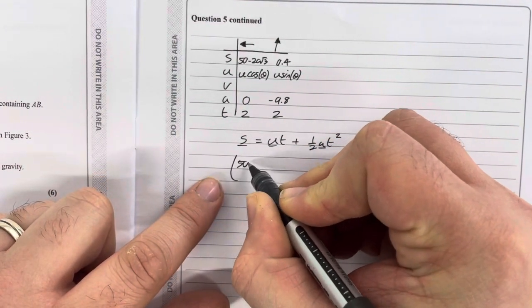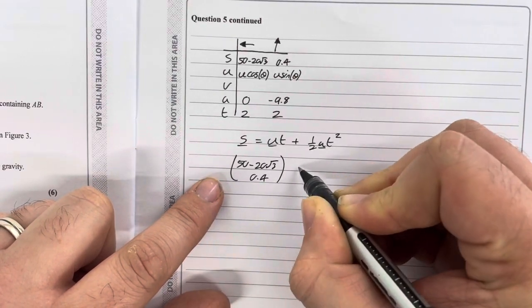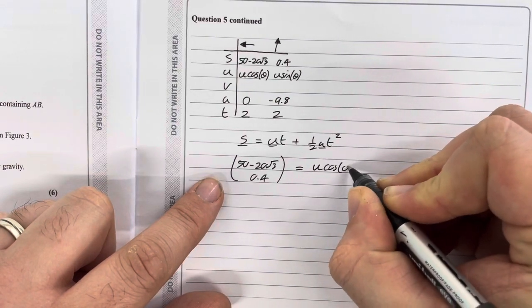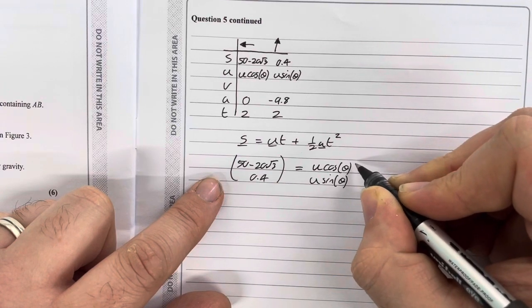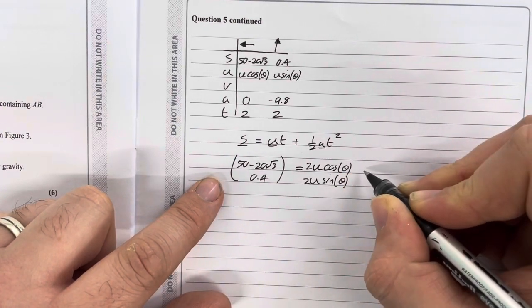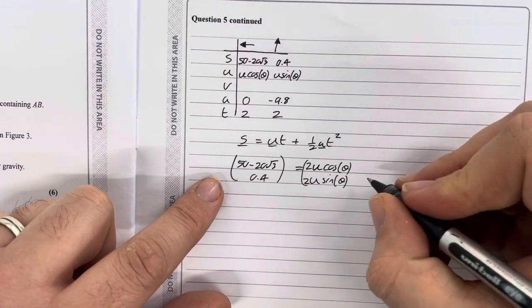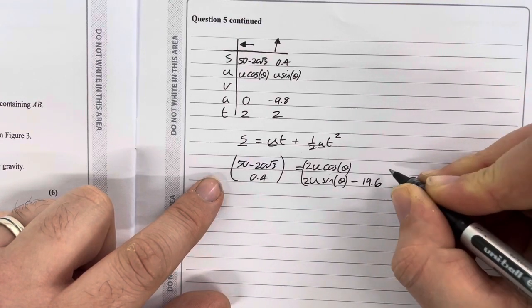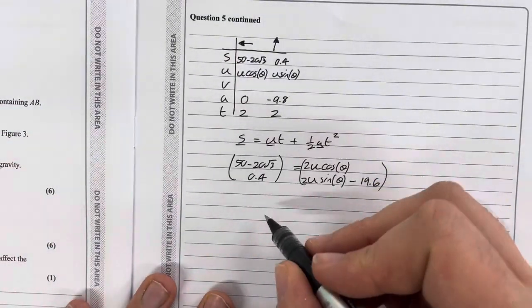So we're going to have 50 minus 20 root 3, 0.4, is going to equal u cos theta, u sine theta, times 2, so 2 of those, plus a half at squared. So that's going to be plus 0 for the top one, and then minus 19.6 for the bottom one, because t is 2. So that gives us two equations there.